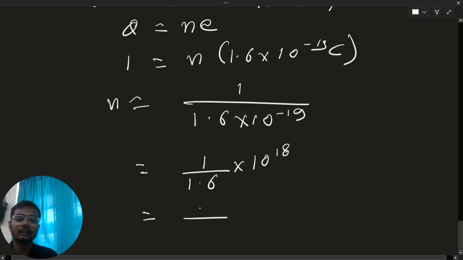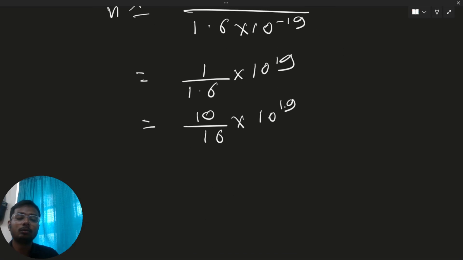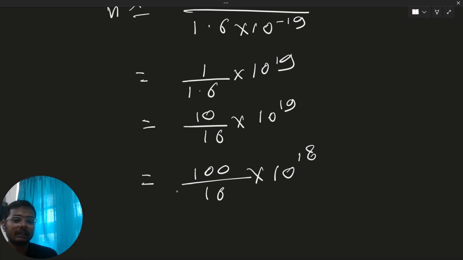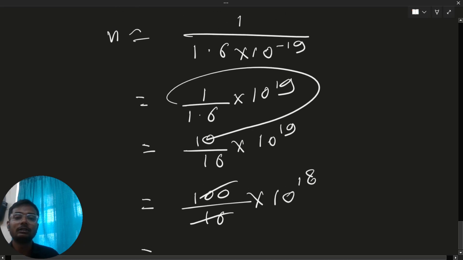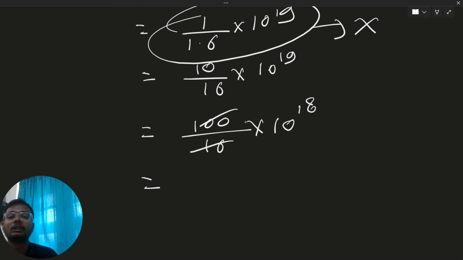Better shall I write 10 by 16 into 10 to the power 19. Take one decimal place from here and I can write it down as 100 by 16 into 10 to the power 18. I take one 10 from here and multiply it here. If you are leaving your answer here, it is wrong. You have to get some number. You cannot leave it as a fraction.